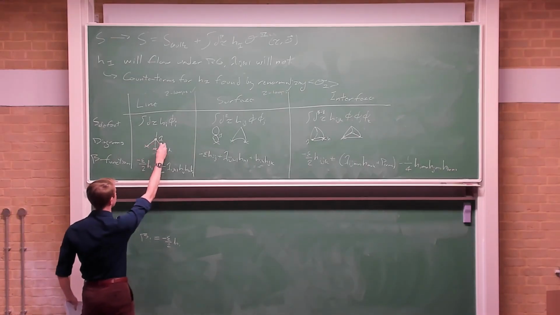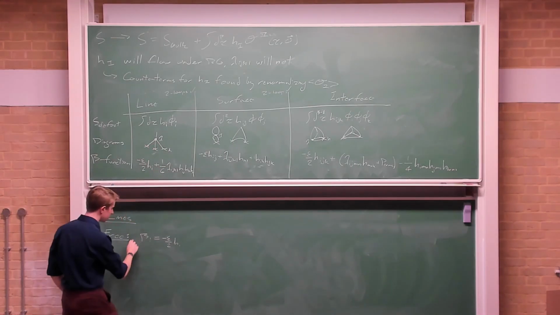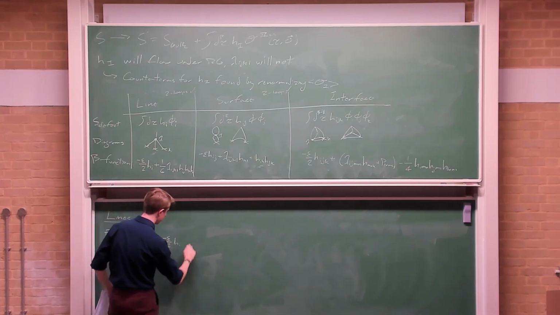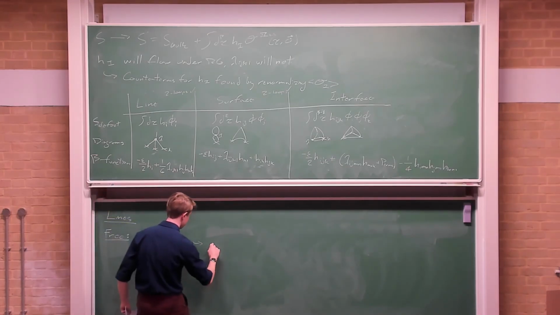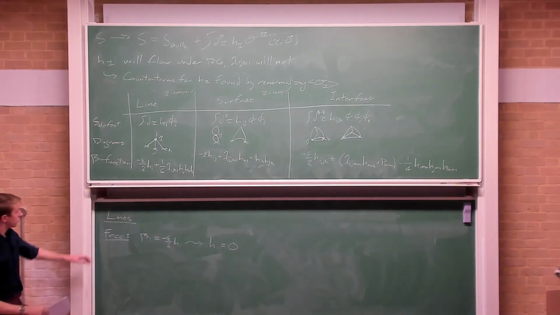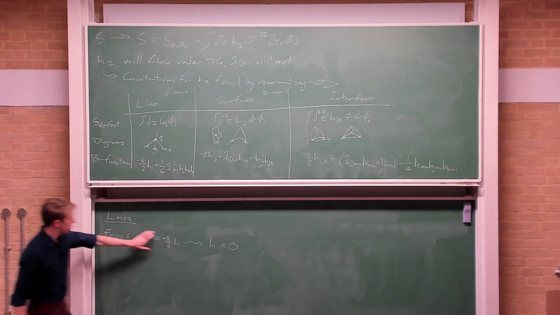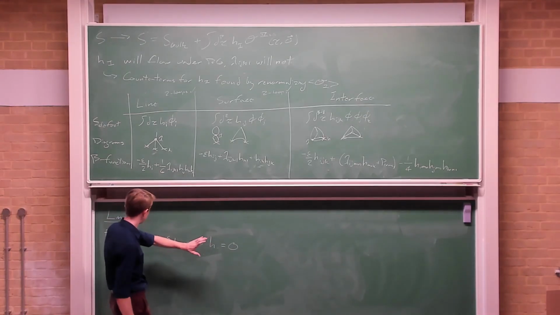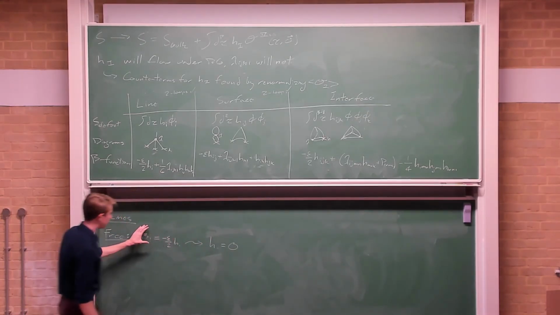They would always have to involve some lambdas. And so this is the beta function in general, which of course you see only has the trivial solution. And so we don't find any scalar line defects in the free theory.